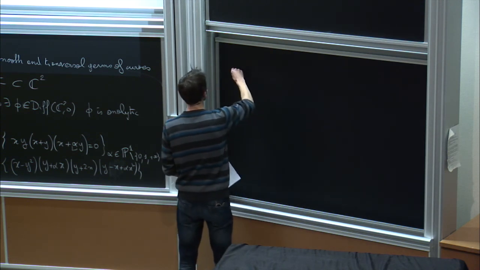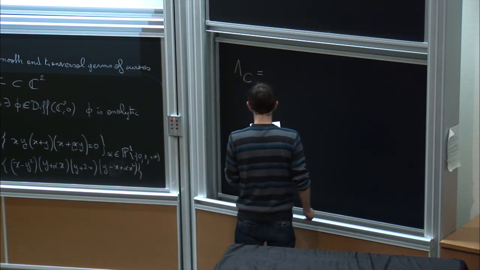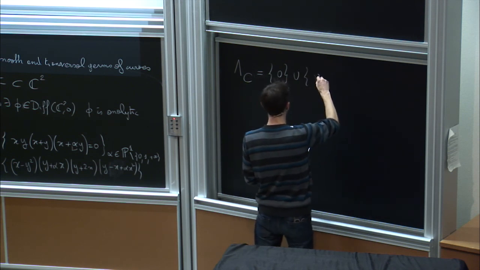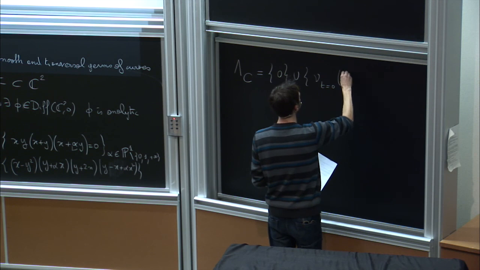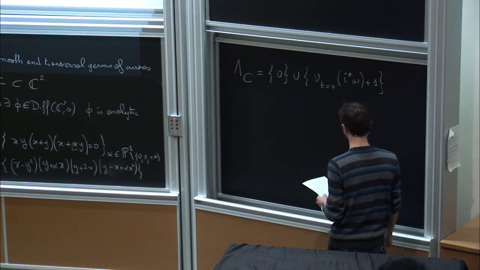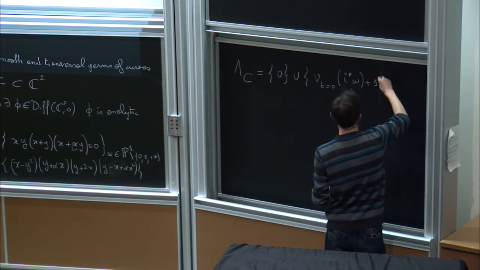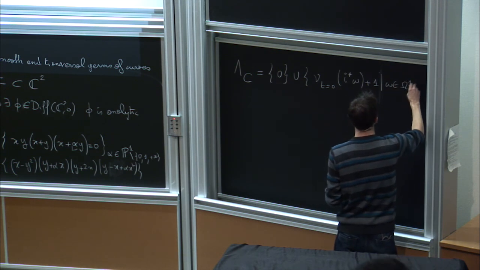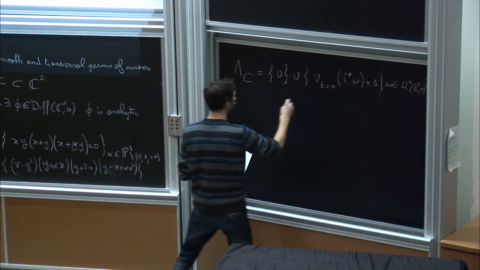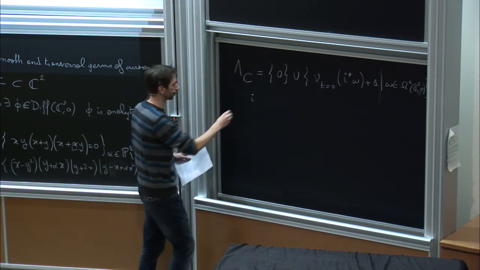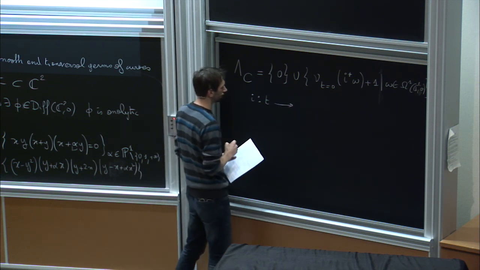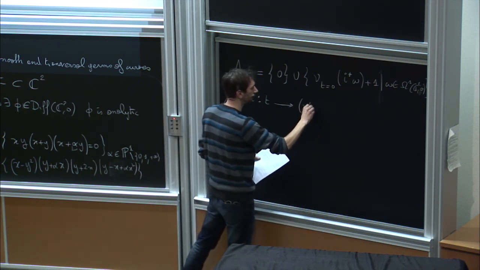So introduce the following, lambda C, which is 0 union the valuation at t equal to 0 of the following thing, E star of omega plus 1, where omega belongs to the set of holomorphic one forms at the origin. So here I is the embedding of the curve, so this is the function that takes a parameter t and goes to x, y by the parameterization.